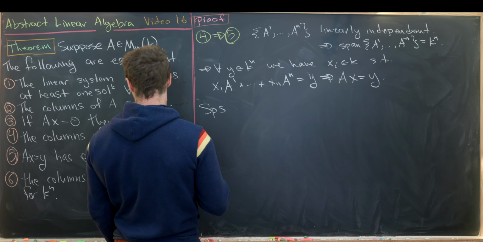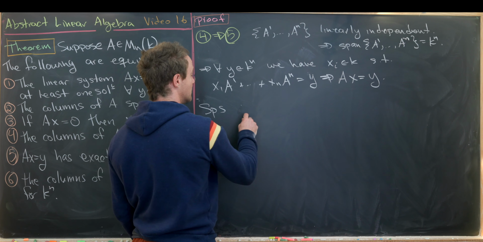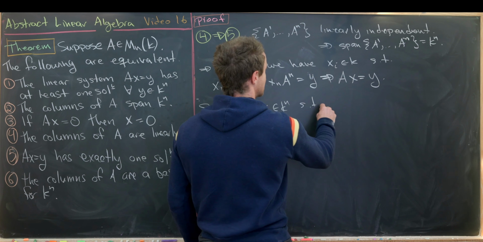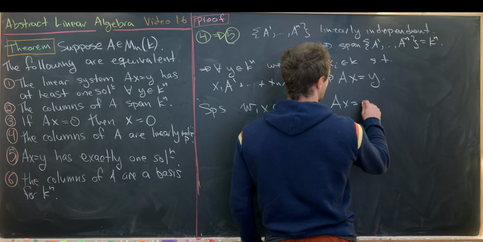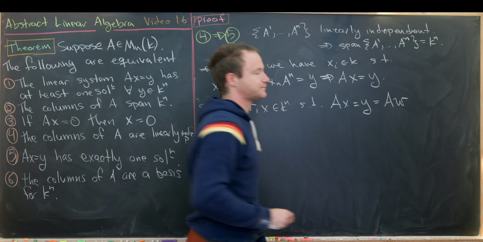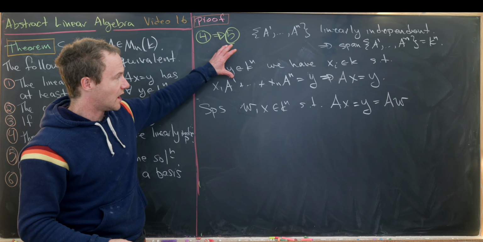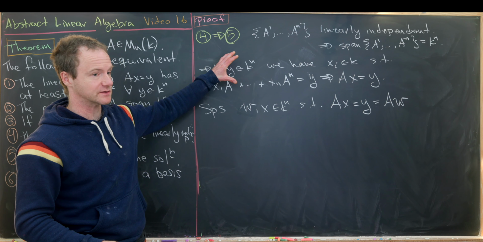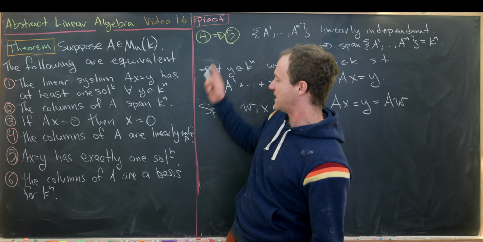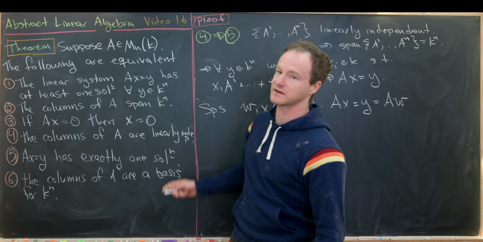So let's suppose that w and x are in Kn such that Ax equals y equals Aw. Great. Just to reiterate, up here we showed that there must be a solution. Now we're going to show that that solution is unique. Notice the fifth statement is exactly that.